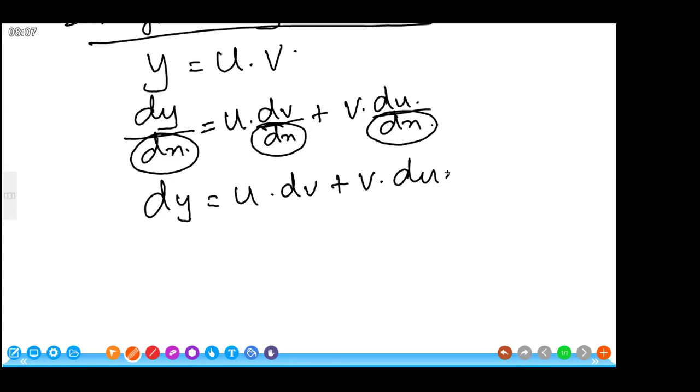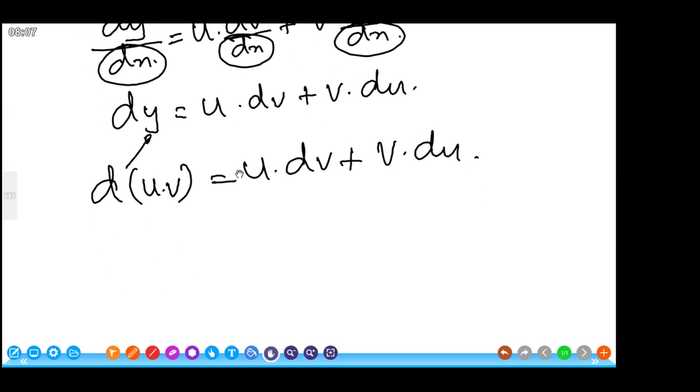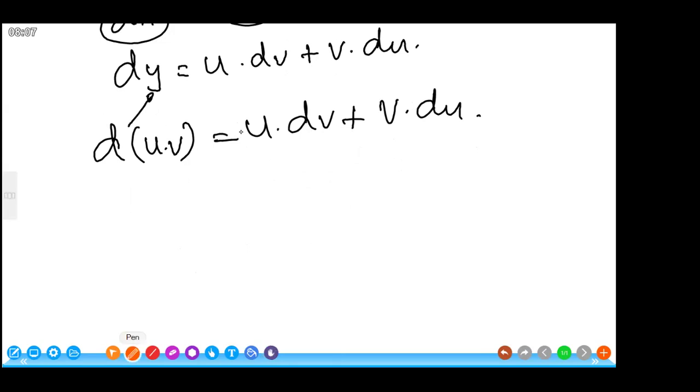What is the derivative of y? The derivative of y is actually the derivative of u into v, because y has been defined as u and v. That is equal to u into dv plus v into du. We can write it like this from what we have learned.